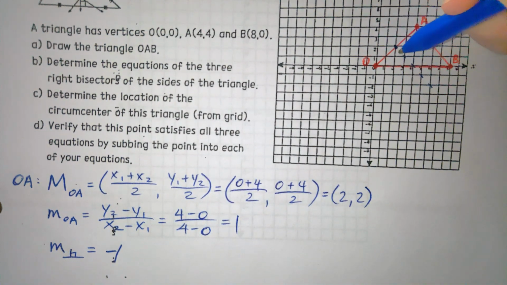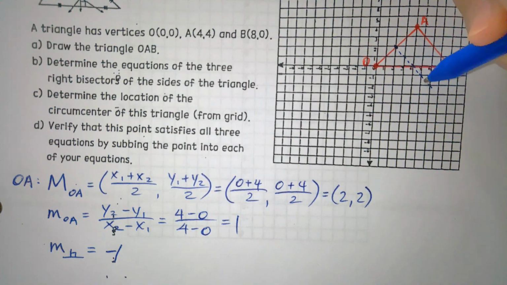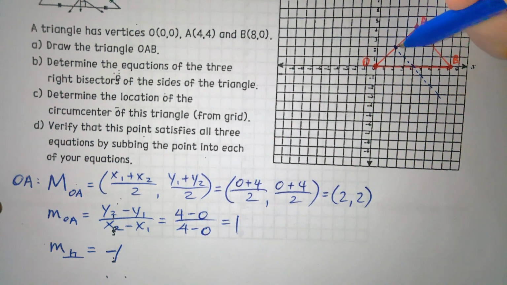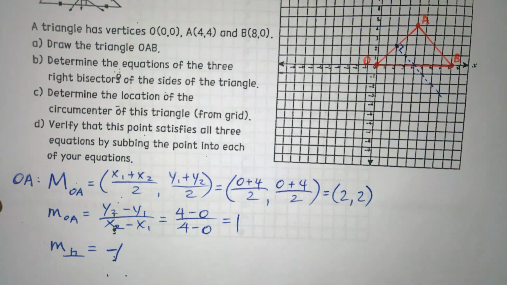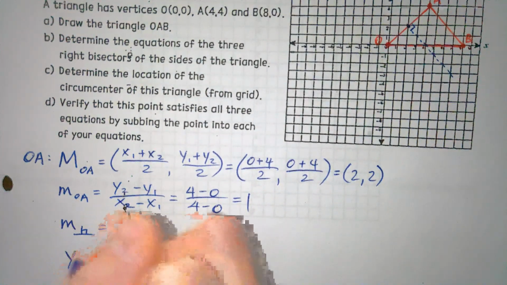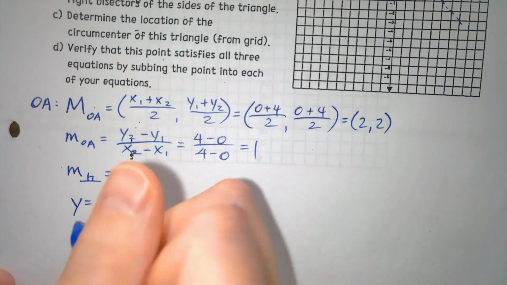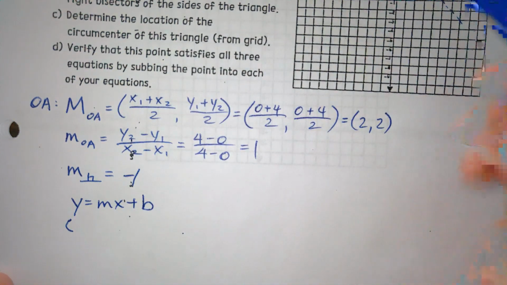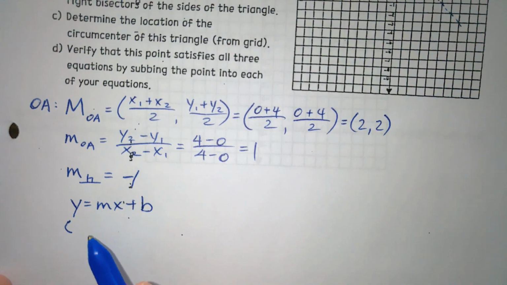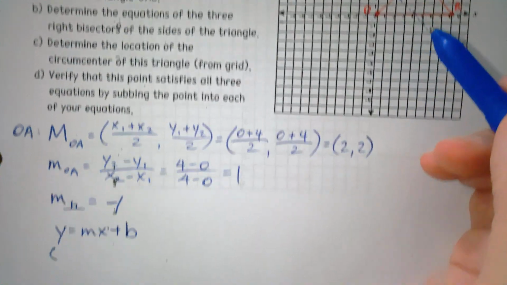Alright, so this is my right bisector right here. And what is the equation? I have to put it in y equals mx plus b. A point on this blue line is my midpoint, 2, 2.